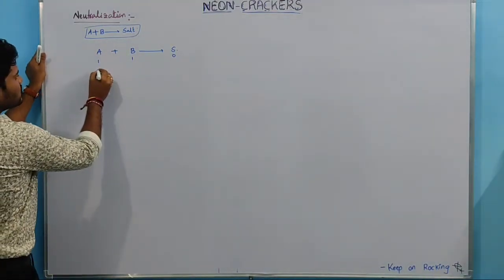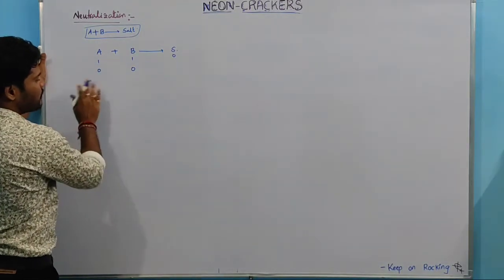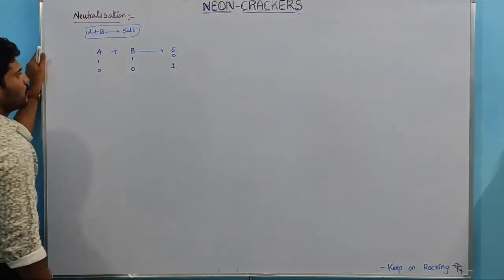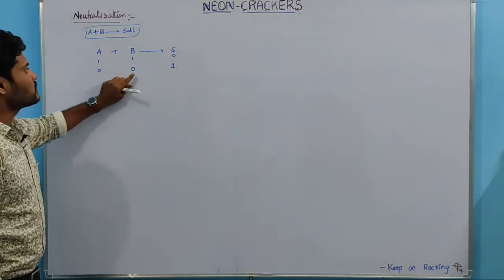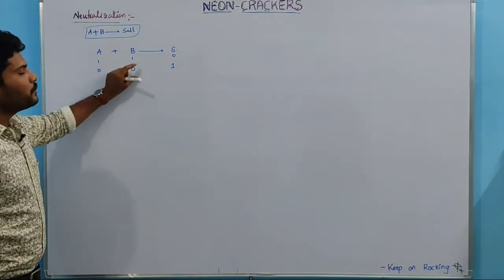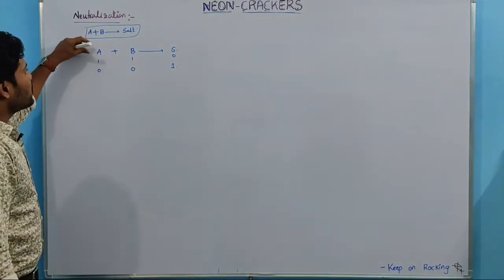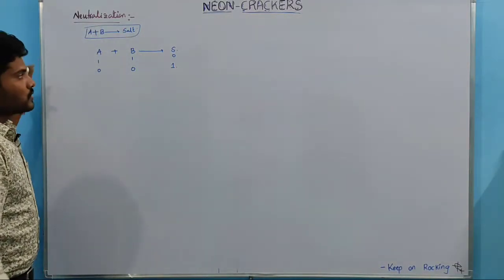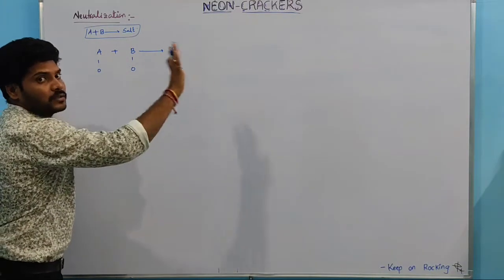The final moles of A and B are both 0, and the expected salt is 1 mole. There is no excess acid or base left, so it is neither acidic nor basic. It is completely neutral. If there is no acid and base left, that is called complete neutralization.